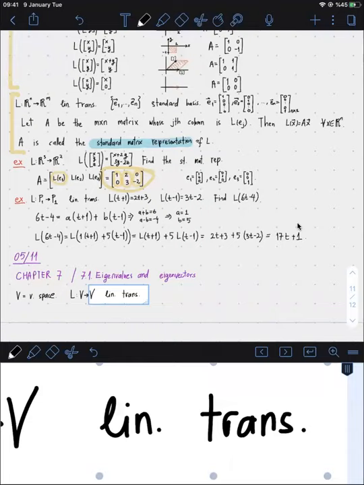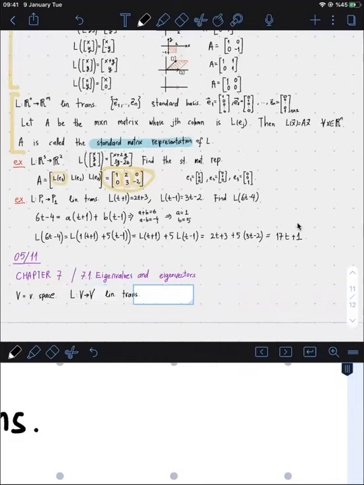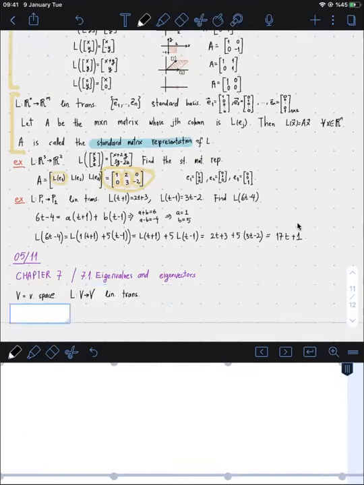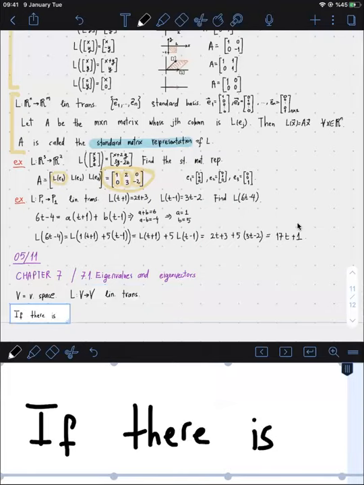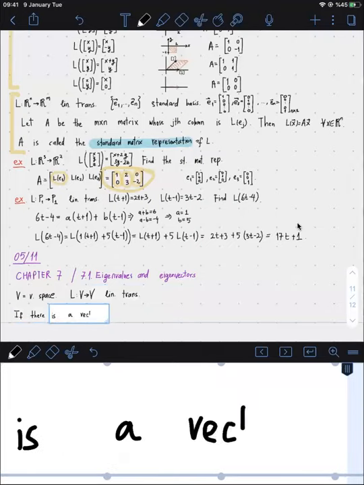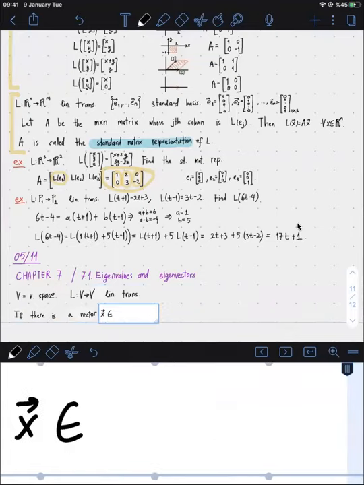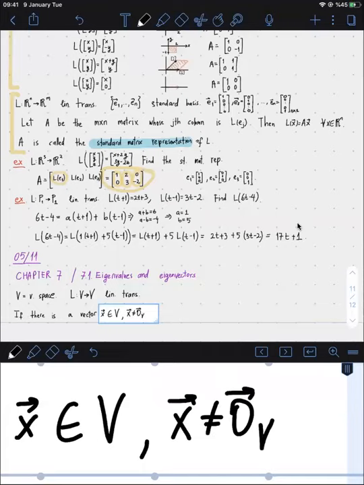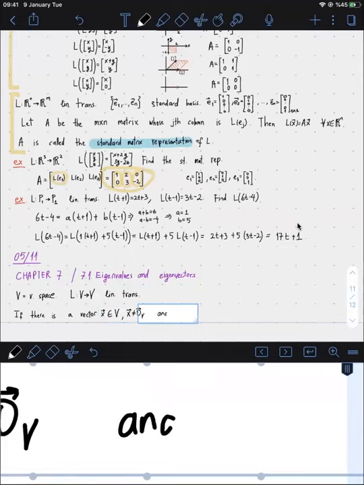Then, if there's a vector x in the vector space V, such that x is not the zero vector of V, and we have a scalar lambda.